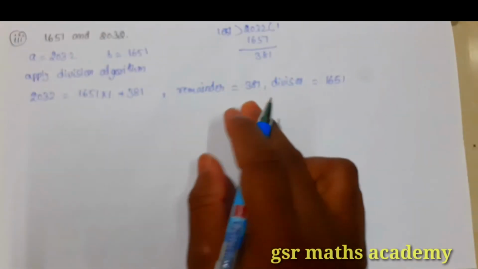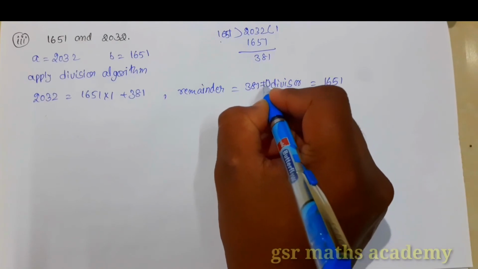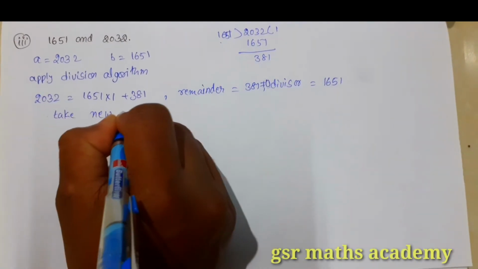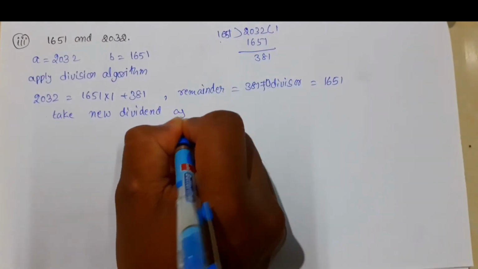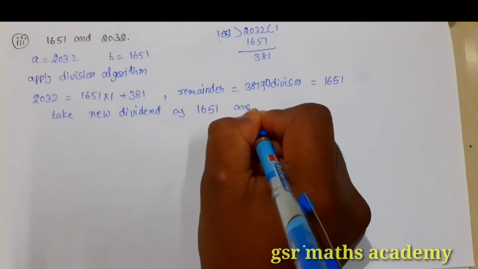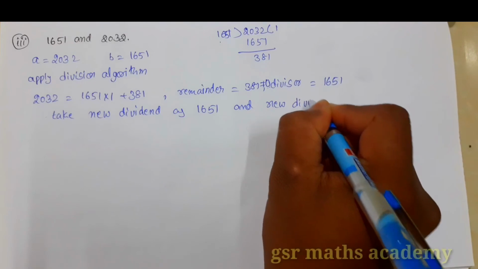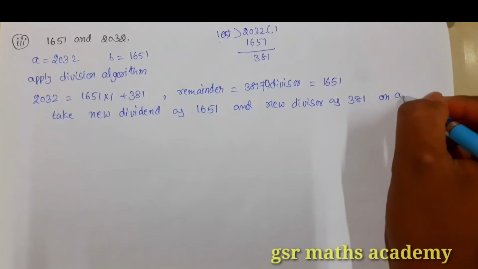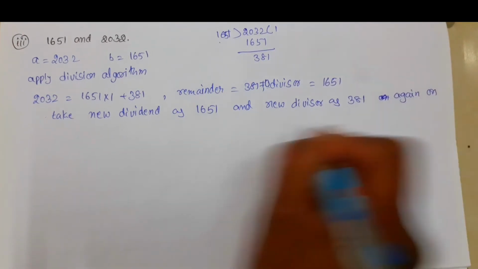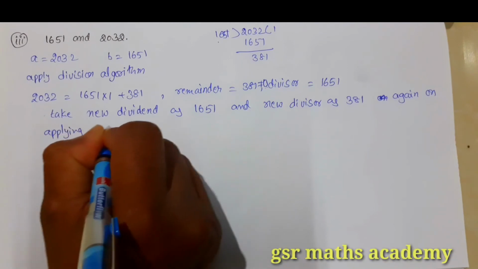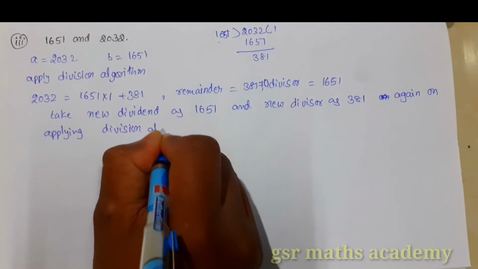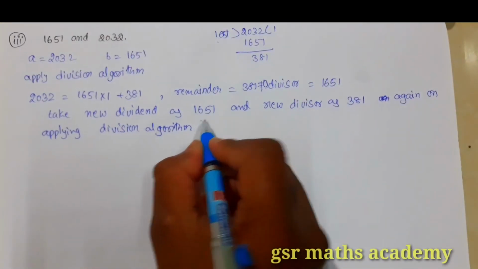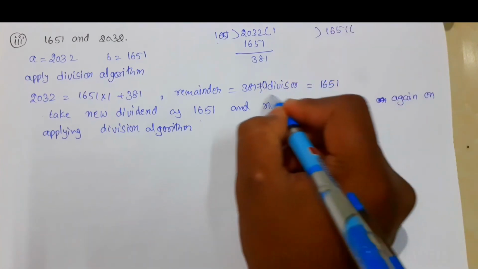As the remainder is not equal to 0, 381 is not equal to 0, now we need to consider the new dividend as 1651 and new divisor as 381.